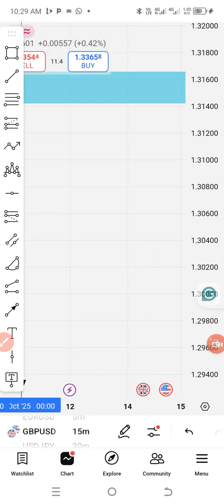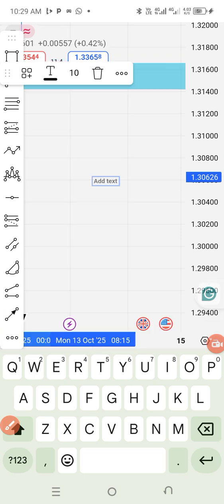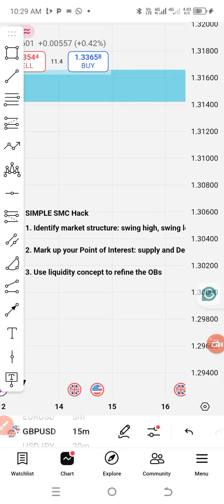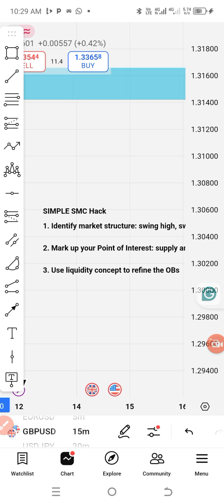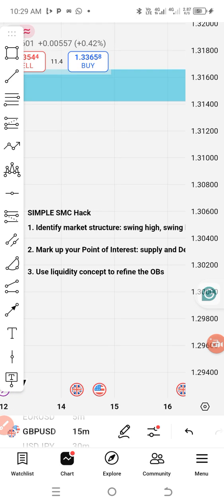What you need to do if you actually want to be profitable in forex trading is this. Let me show you this simple hack. The simple hack is number one, identify market structure. You need to know the market bias. You need to know what the market is doing.